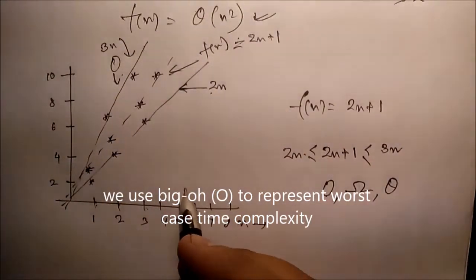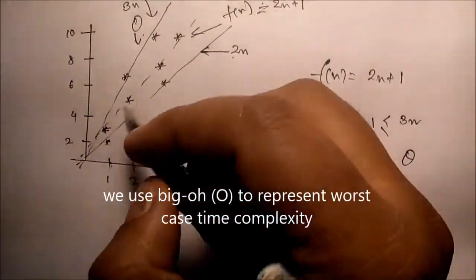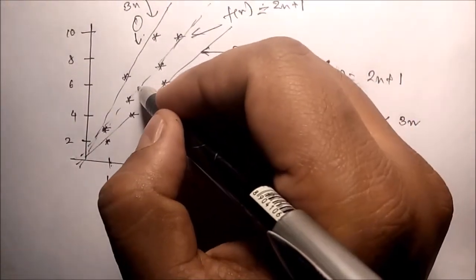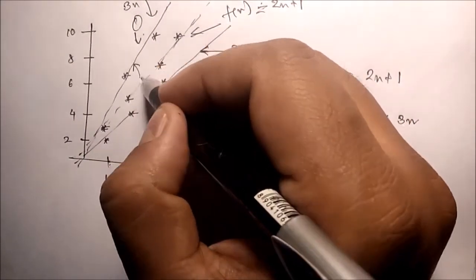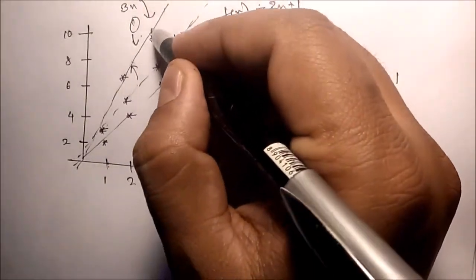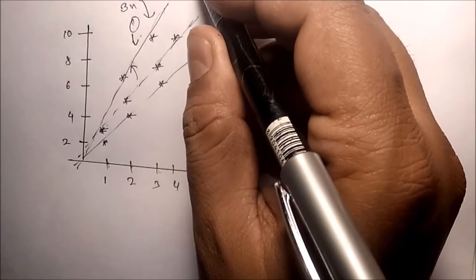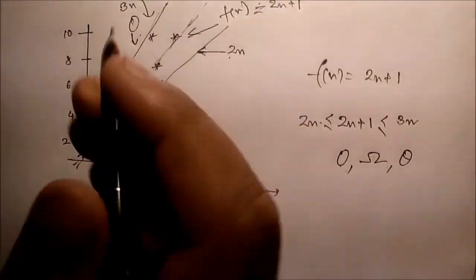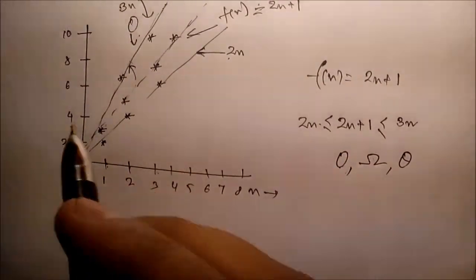If the actual function is like that, it will never cross this particular line. So if the complexity is this, it will never cross this particular line. That means this will be the worst case nature.